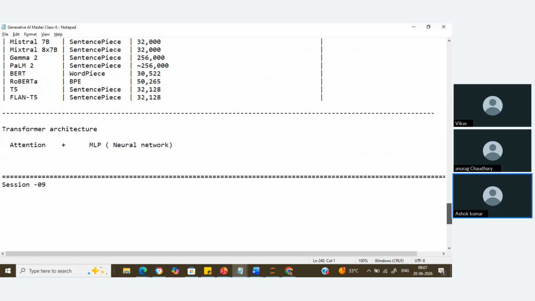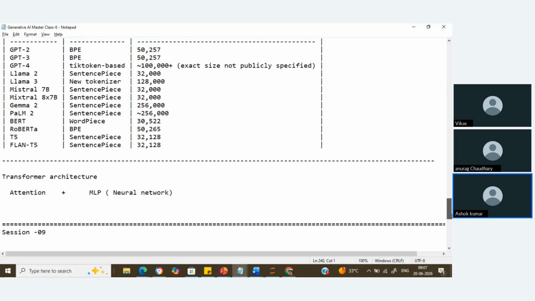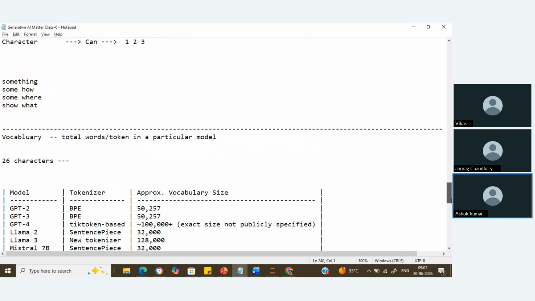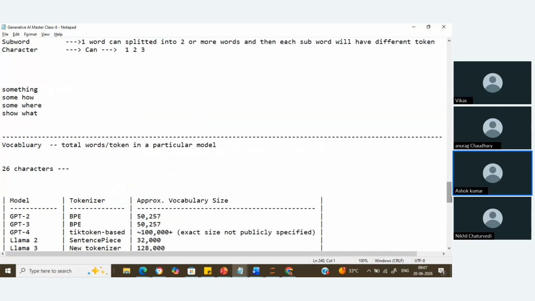So in the previous session, we went through the basic stuff and started a particular topic, the transformer architecture. The transformer is, you can say, the base of generative AI.